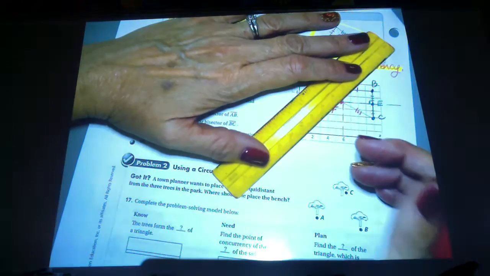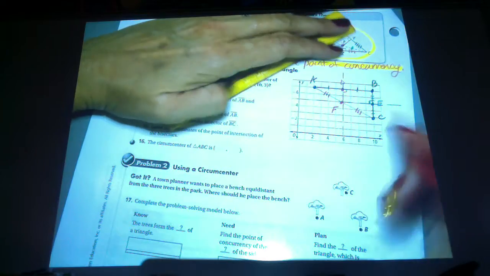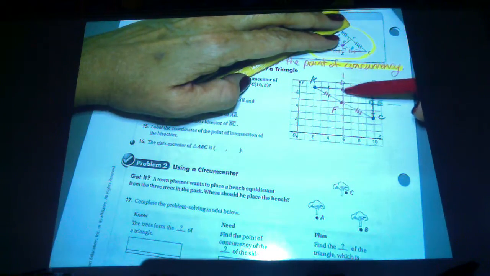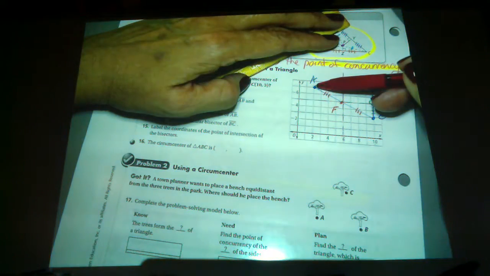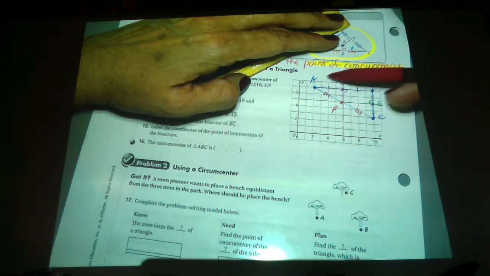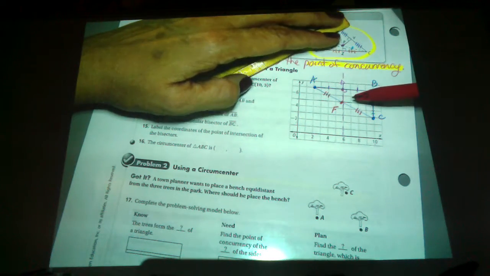So the perpendicular bisector for F would appear to go, well, if F's slope is positive 2, negative 4, isn't that negative 1/2? What's the perpendicular slope to negative 1/2? Positive 2 over 1.